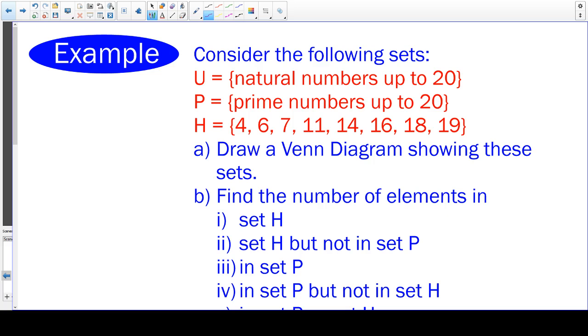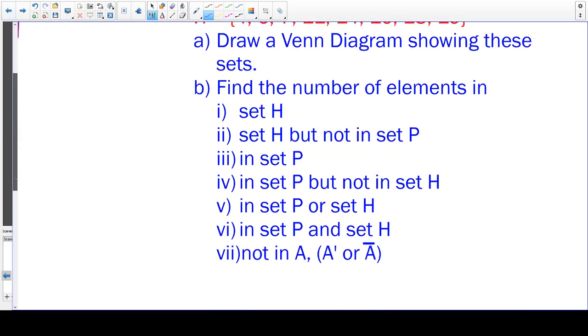And H has no special classification, but it's the list of numbers 4, 6, 7, 11, 14, 16, 18, and 19. Part A asks us to draw a Venn diagram showing these sets. And then in part B, we're going to say how many are in each of those different categories.